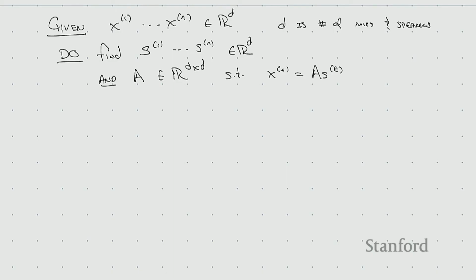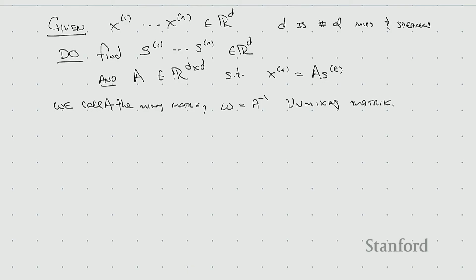Now, if we estimated A, there's a pretty easy way to find what we wanted. If we knew A, someone gave it to us, this problem's trivial. Just take the x's, multiply by A inverse, and you have yourself the s's. Now, the terminology is we call A the mixing matrix for the reasons I just outlined. And W equals A inverse, which we'll call the unmixing matrix. So why would I bother you with this? It turns out that W is actually the right way to write a lot of the guarantees, and you'll see why in a second.